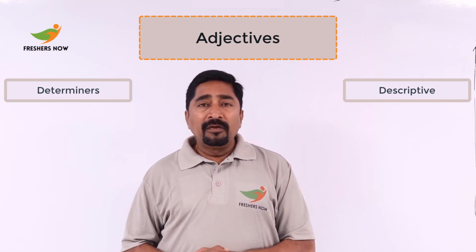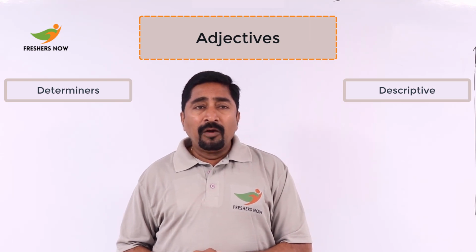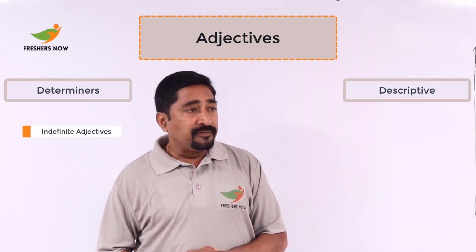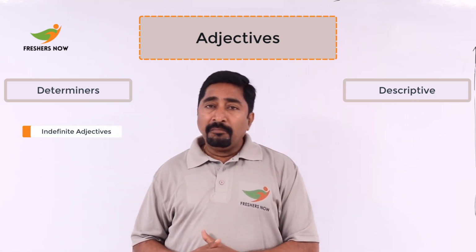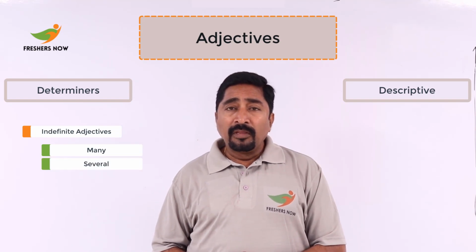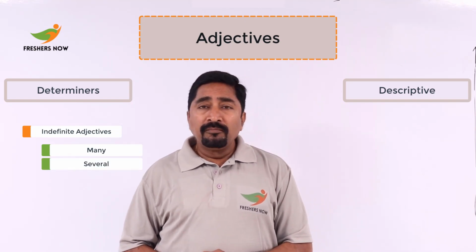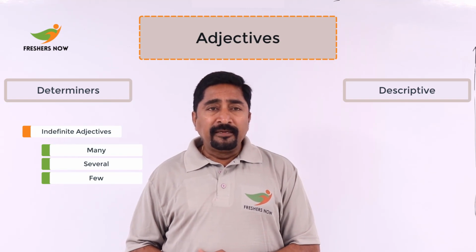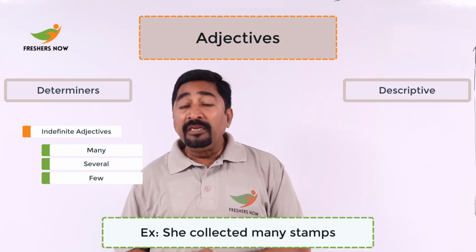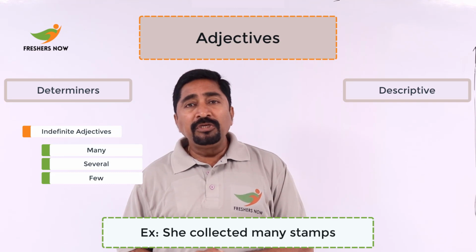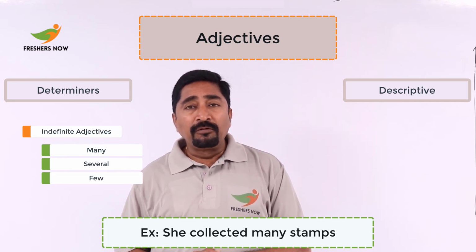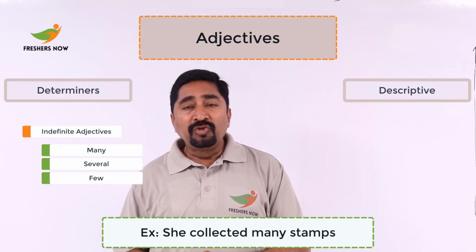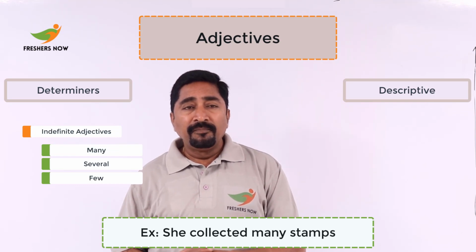In the same way, what are indefinite adjectives? The indefinite adjectives are many, several, and a few. For example, I said she collected many stamps. In this sentence, many is an adjective that refers to quantity.